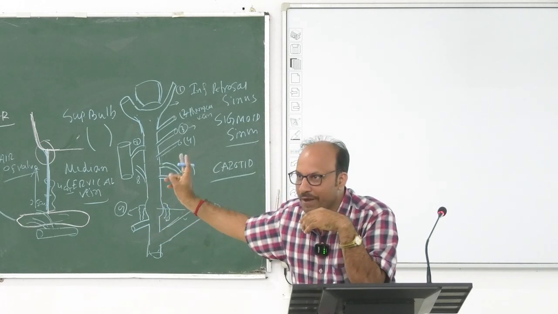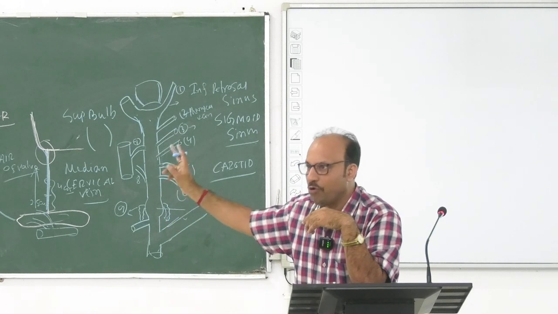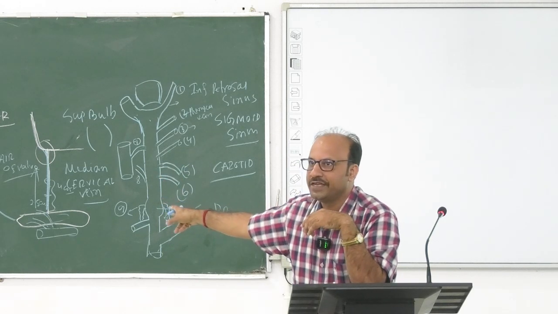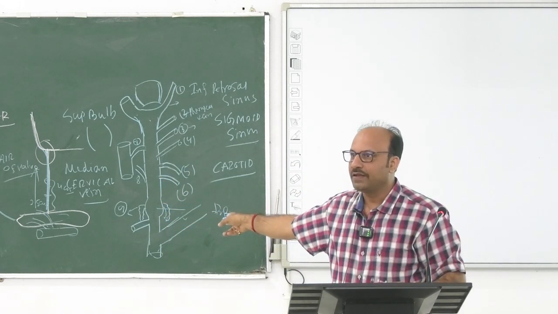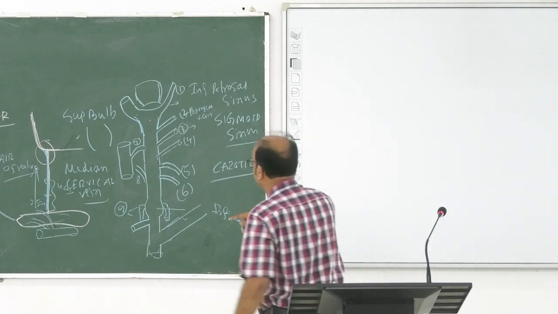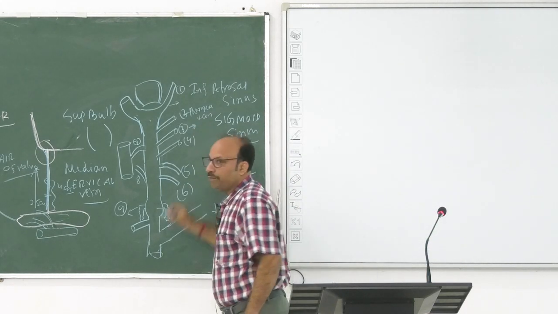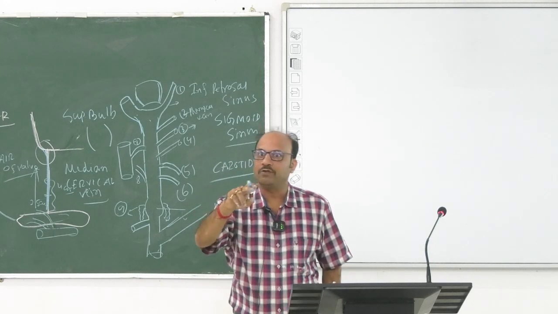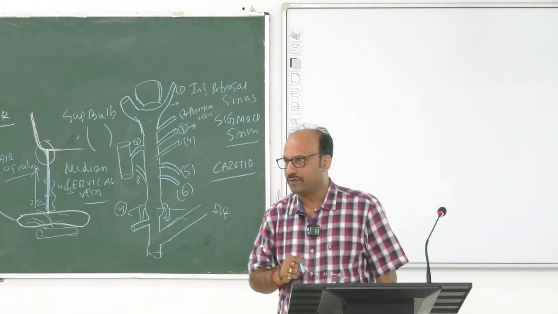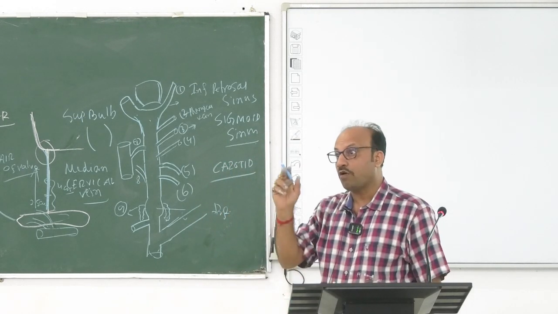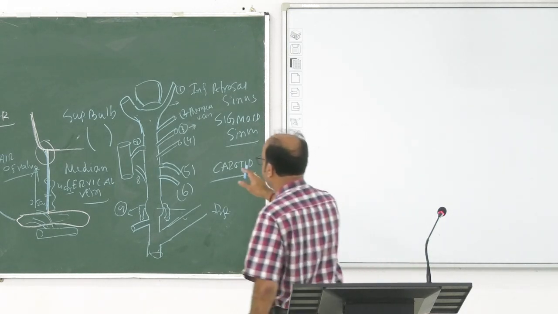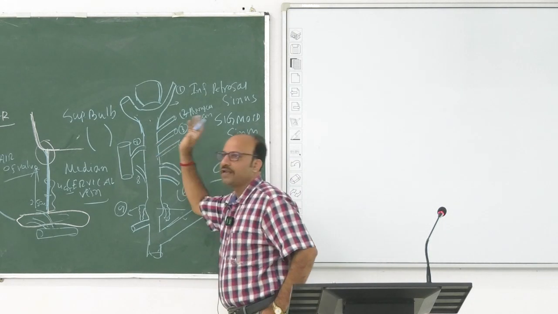Posterior division of the retromandibular vein along with the posterior auricular vein forms the external jugular vein, but the common facial vein is formed by the facial vein joining with the anterior division of the retromandibular vein. It forms the common facial vein, and this common facial vein drains into the internal jugular vein.